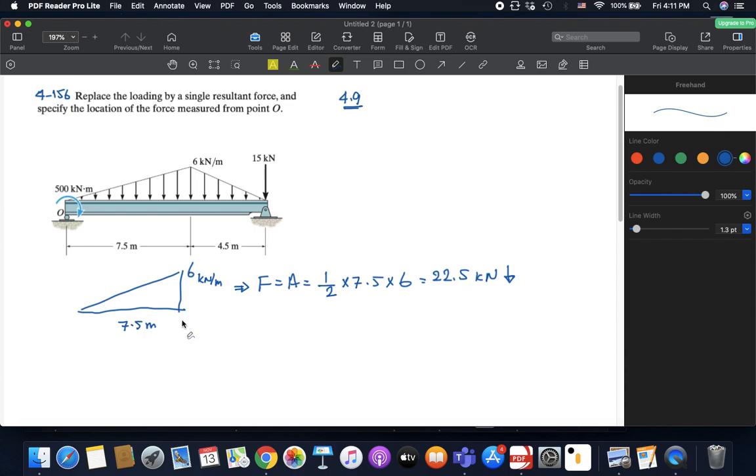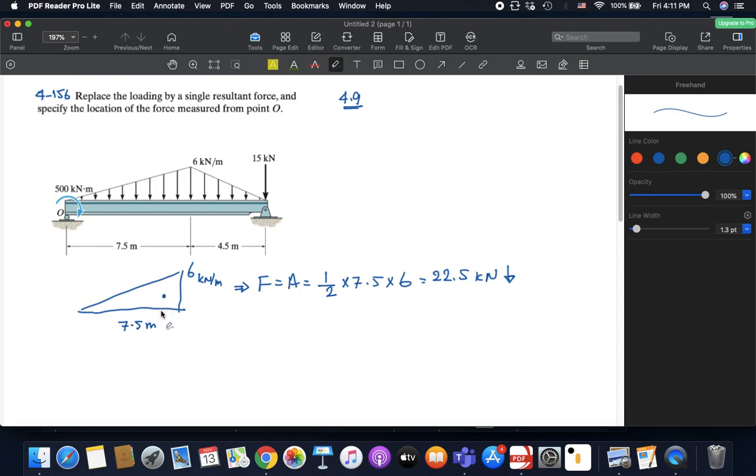Now, one very important point is to find the position of this concentrated loading. From the previous problem that we solved together, we saw that basically the area is concentrated here, and we said that the force usually should pass through a point that we called the centroid. So this is the centroid.